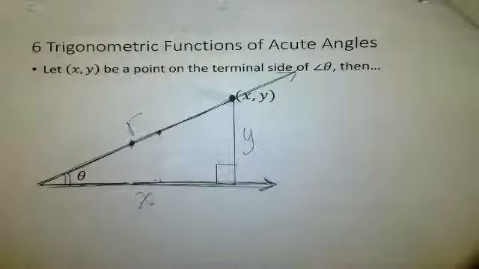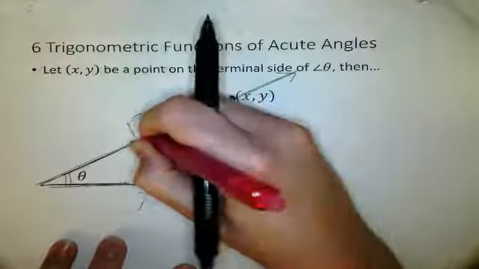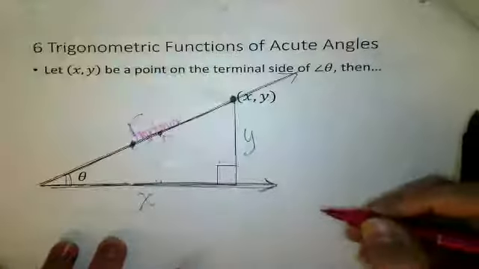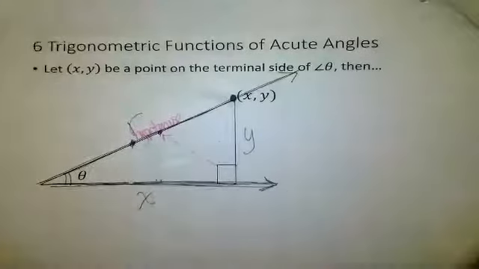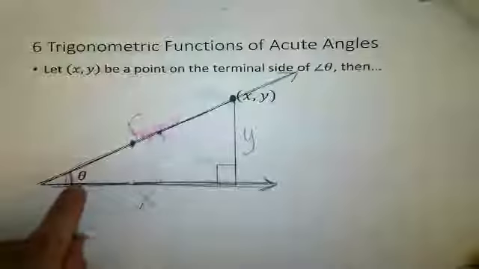Once you have that information, now we need to know the opposite, hypotenuse, and adjacent sides. First and foremost, you're always going to label your hypotenuse. How do you recognize the hypotenuse? Opposite of the right angle. Always do that first. Now, the opposite side depends on the angle you are looking from. We're interested in this angle right here, angle theta.